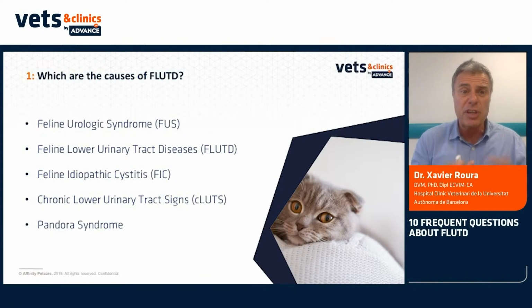In fact, over all this time we have had feline urological syndrome, feline lower urinary tract disease, feline idiopathic cystitis, chronic lower urinary tract signs, or even Pandora syndrome. So if you have different names, it means it's not clear what the situation of feline lower urinary tract disease is. So the first idea is that there is not only one cause, because there are different diseases.